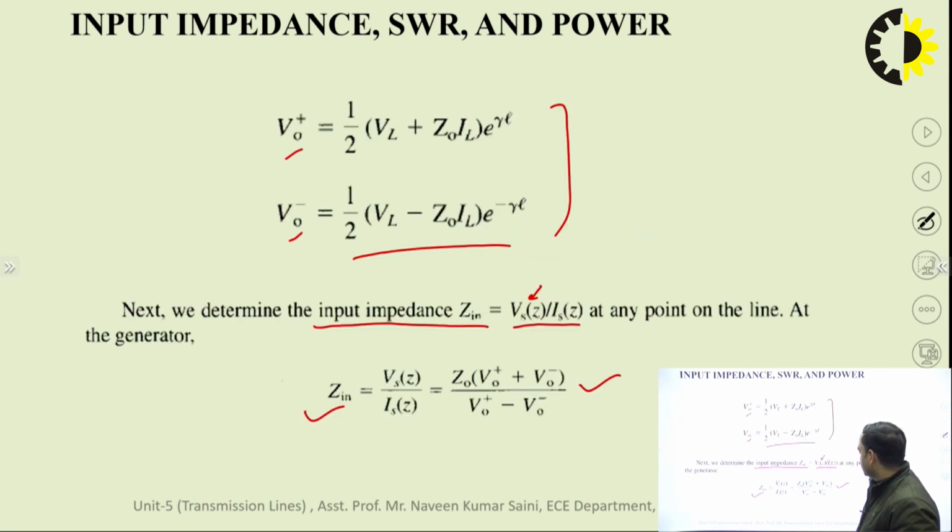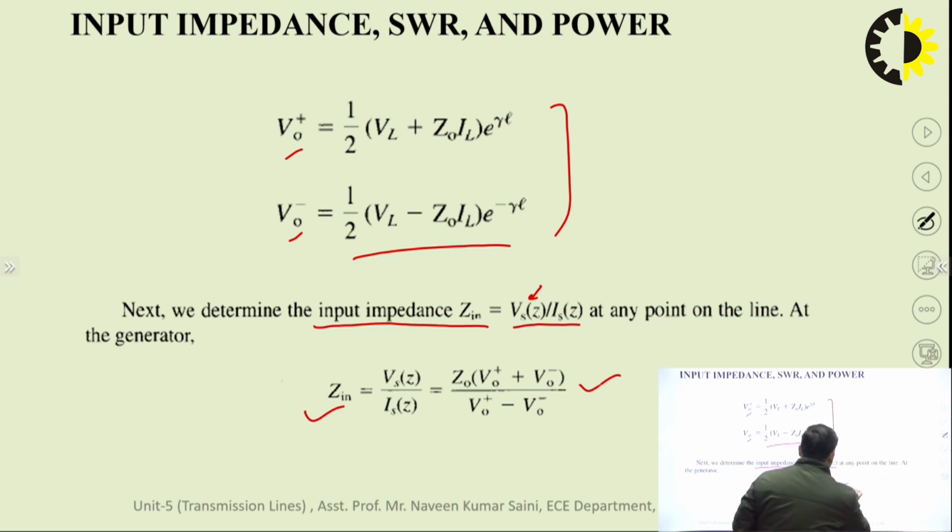So, how we are getting this? For this we can see, in this equation we are putting the Z naught, V naught plus we can take it here and V naught minus from here.